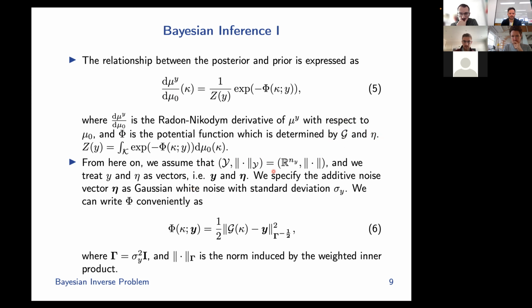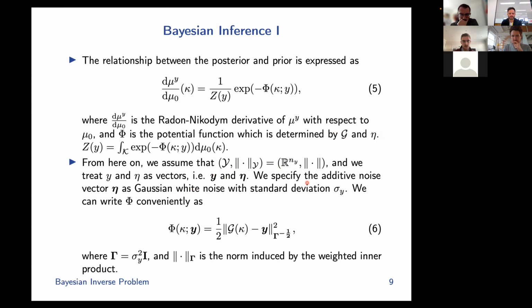To make things a bit more concrete, we assume that the observation space is finite, and from here on we treat y and η as finite dimensional vectors. In general they don't need to be, but in practice they usually are.